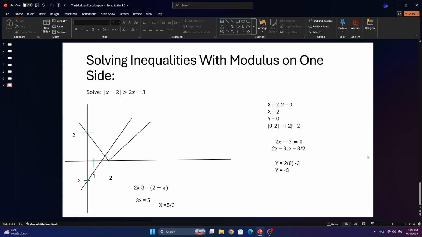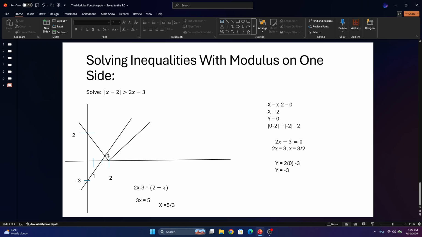Now that we have that, what we need to do is look at the inequality itself. We need to find the part where the modulus graph is actually greater than the line. And the way we do that is by looking here. If you can see, this is the point of intersection, 5 by 3, and before this point the graph of the modulus is going upwards and the graph of the line is going downwards.